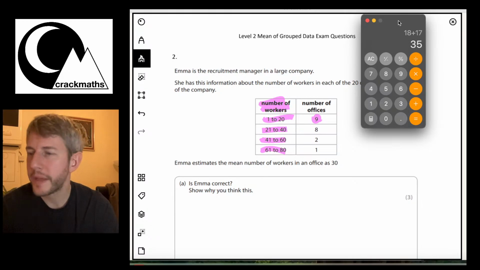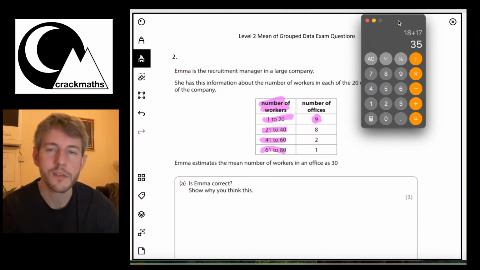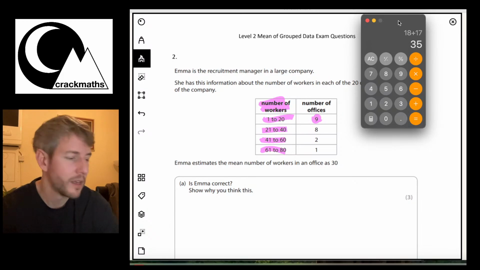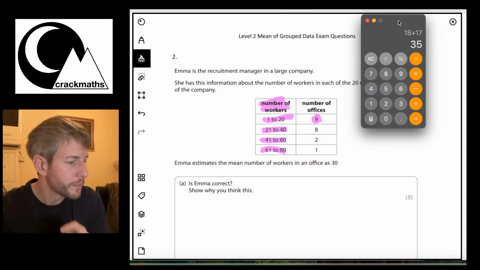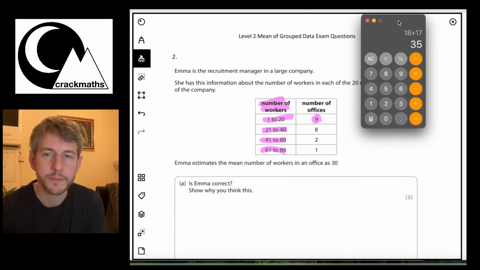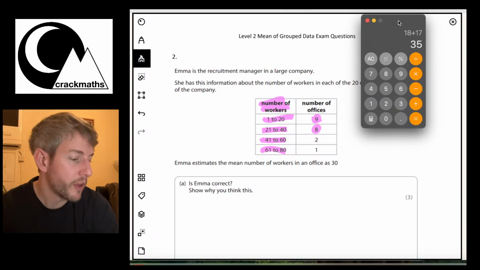So that could be like one of those offices has 12 workers, one of them has 2 workers, one of them has 17 workers, one of them has 16 workers, okay? But whatever it is, we know that for these 9 offices, the number of workers in each of those offices falls between 1 and 20. The next bit we've got here, 8 of the offices had between 21 to 40 workers.